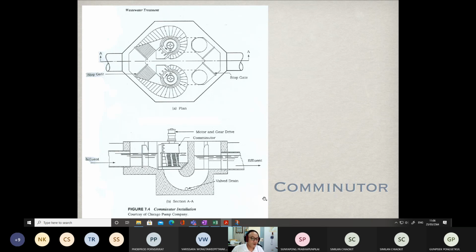The problem with the comminutor is that if we have heavy solid particles, there is a very high chance for these particles to accumulate at the bottom of this chamber.